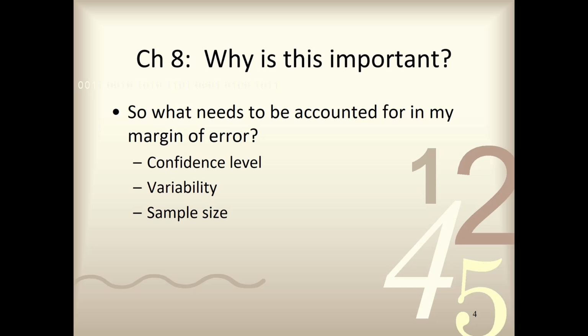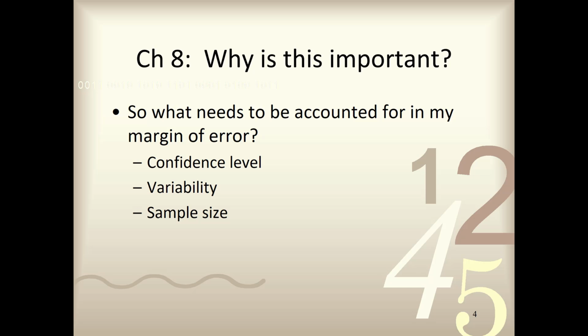Okay, so let's talk about this margin of error that we need to add and subtract to the sample estimate. What goes into the margin of error is the confidence level, how confident I want to be in terms of this inference about the population. This is something I choose. The common confidence levels are 90%, 95%, and 99%.